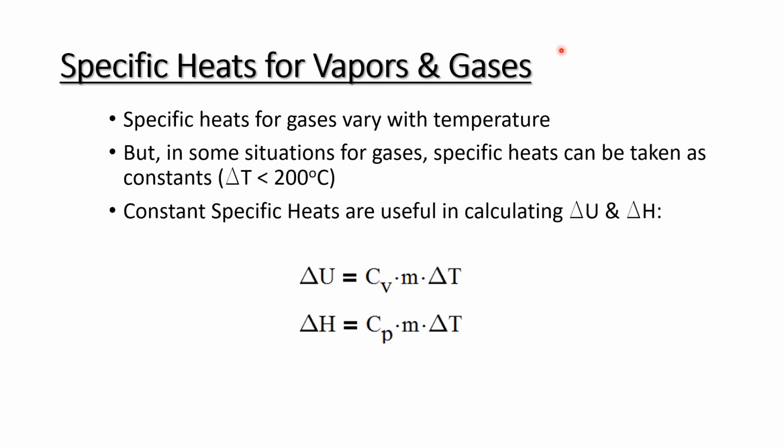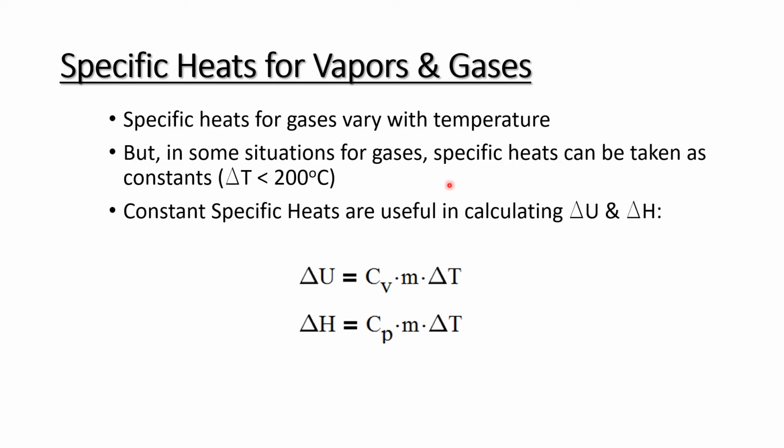So we will find that specific heats for vapors and gases vary with temperature. We can go into tables and for many common gases find the value of C sub P and C sub V, and for the specific heat ratio K, we can find values in tables as a function of temperature.